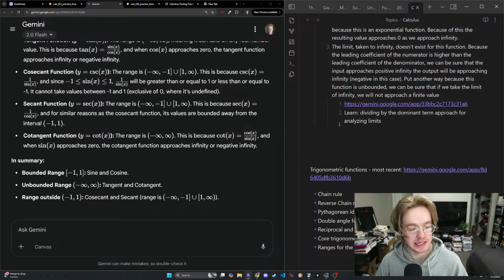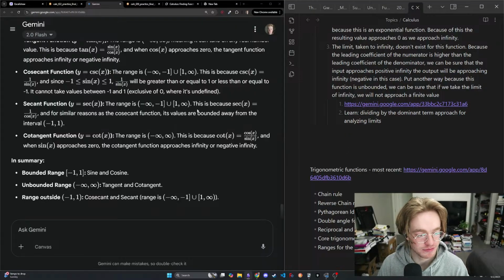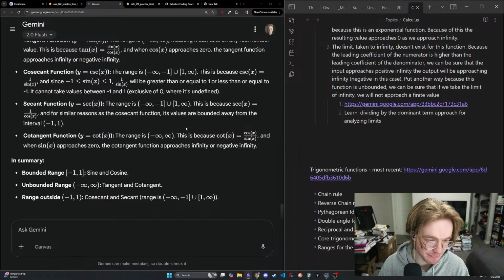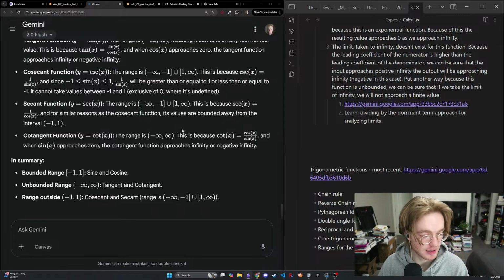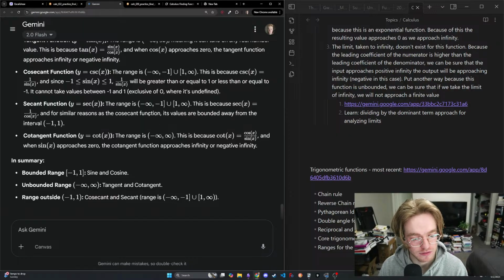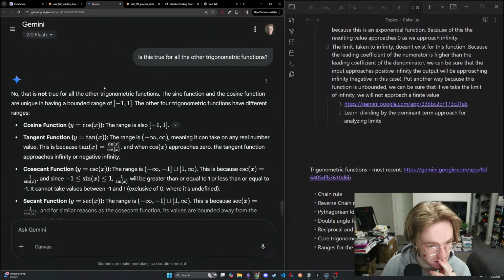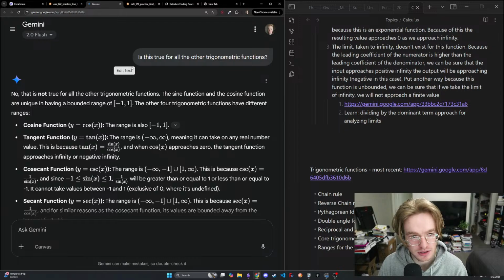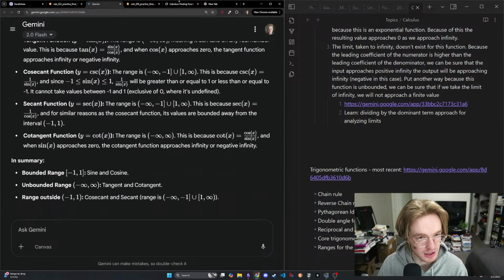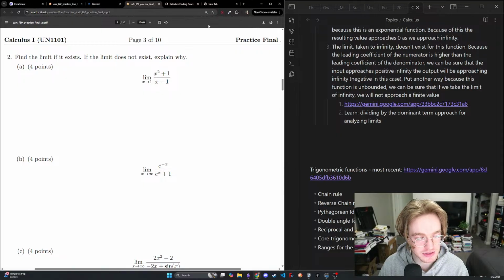And maybe I'll say, which of the following functions have an unbounded range, and which ones are bounded, or have unbounded range outside of -1 to 1. And I think that should probably be sufficient for that one. Okay, so given those things, I think I will have enough trigonometric literacy that I'll be able to squeak by.